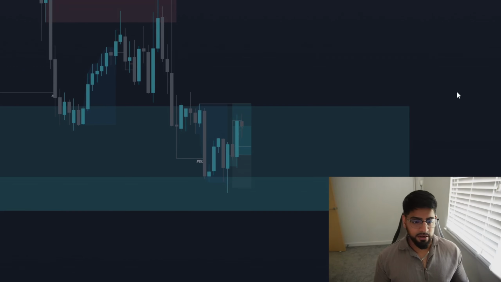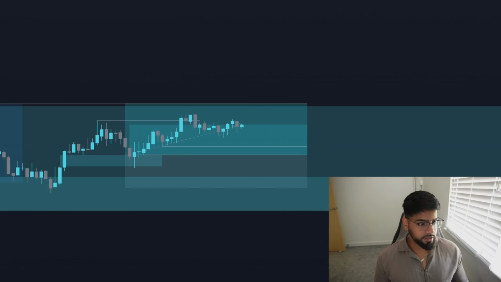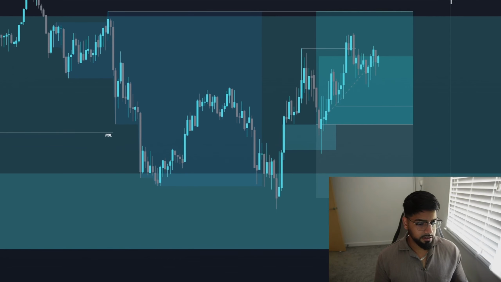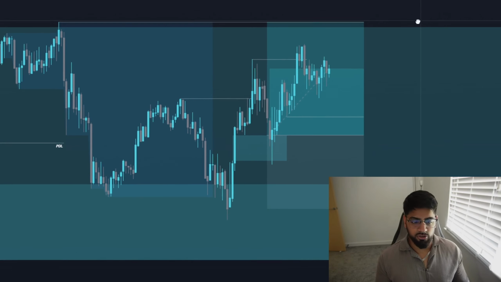And then when the London session opened this morning, we came right here, as you can see, swept the Asia low, tapped deeper into that 1 hour fair value gap inside of the daily fair value gap, and then we had this super impulsive push to the upside, which gave us a 5-minute market structure shift.